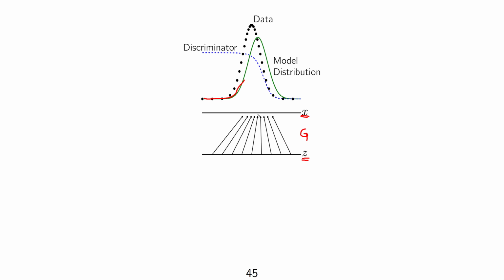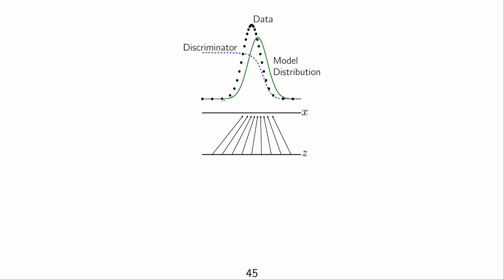Okay, so in this visualization, we see that most values will be output here. This is kind of visualized by these arrows. The data distribution is given by the black points. And now the question is, what should the discriminator do?